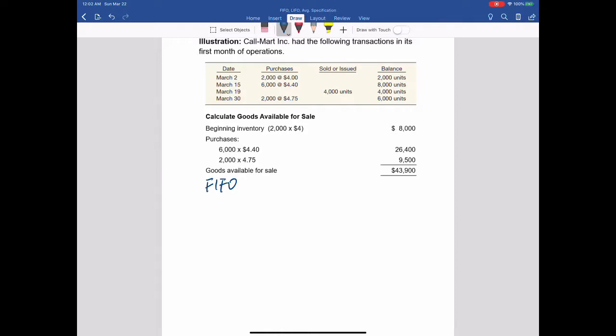The next one is FIFO, first in, first out. This assumption means the goods are sold in the order in which they are purchased. So this is more consistent with the physical flow of goods for a lot of retailers or grocery stores.